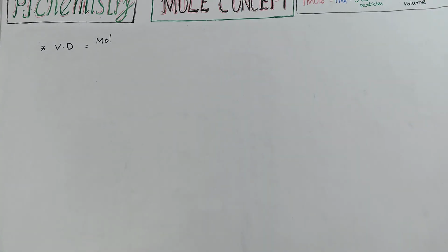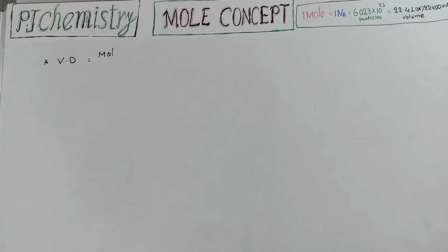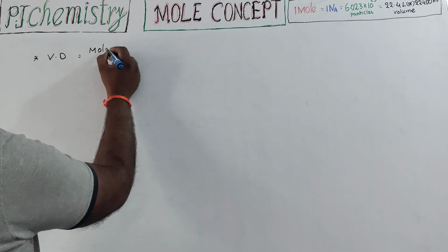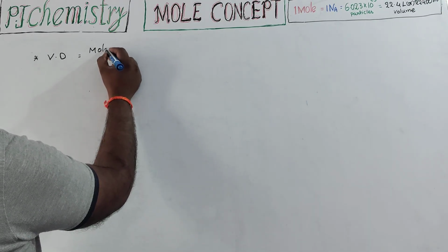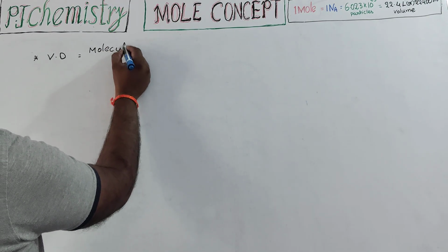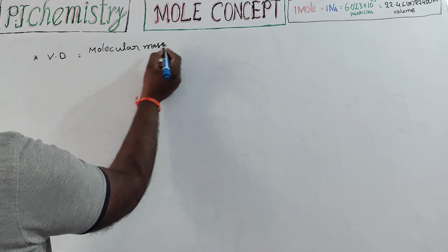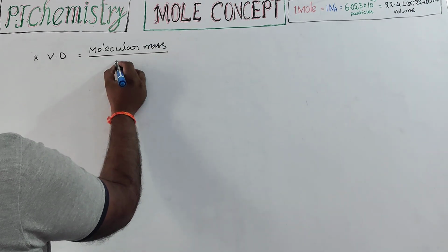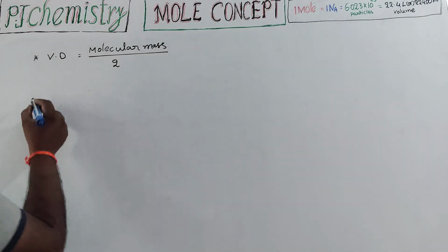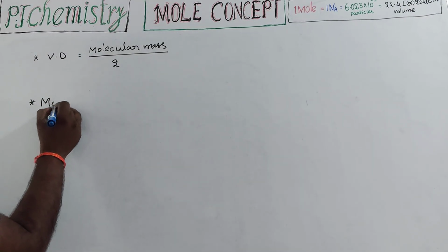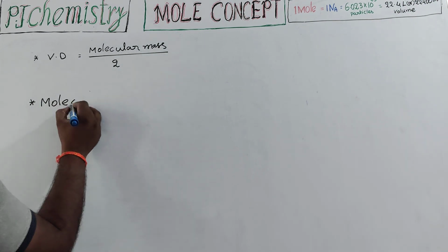Yes, one more short-form formula for vapor density: vapor density is equal to molecular mass divided by 2. At that time we need to get the molecular mass.